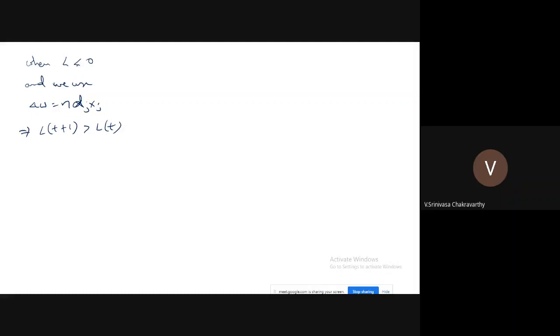So whenever L is less than 0, we update like this, L is increasing. So then L is going towards a positive value, which is what we want, right? So that is one good. So changing w according to that previous rule is correct.